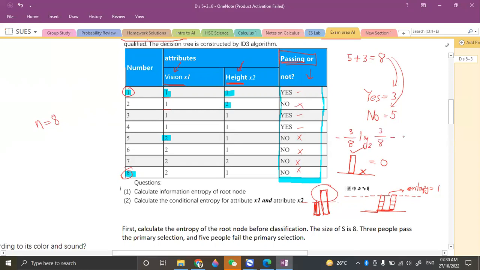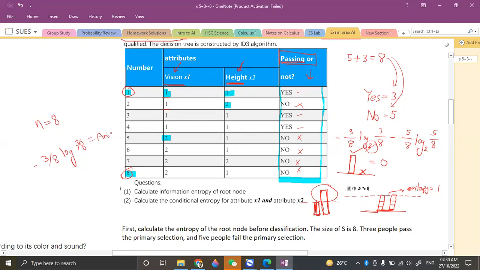And again minus, now let's calculate no. We have total 8, and 5 of them is no, and then log 2 base, total 8 and 5 of them is no. When you calculate in the calculator, we don't have log 2 base, so we just omit these two, and we write it this way in the calculator: minus 3 by 8, then log 3 by 8, and then you get the answer.